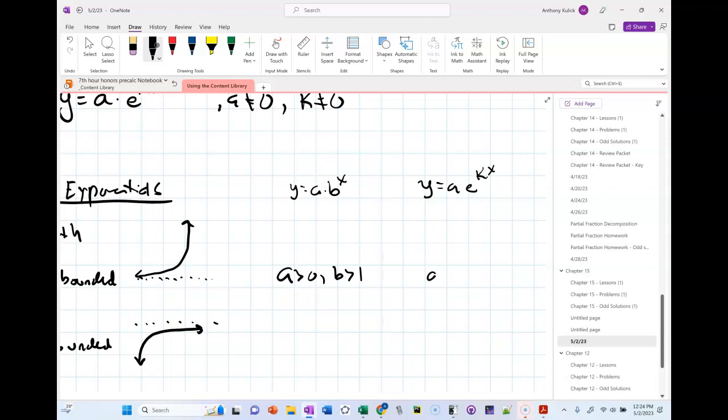Or if it's the other form, we have a greater than 0 and k greater than 0. If it's bounded, we have a is negative, and then b has to be between 0 and 1. Or here we have a is negative and k is negative.